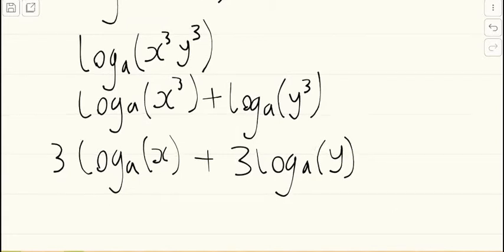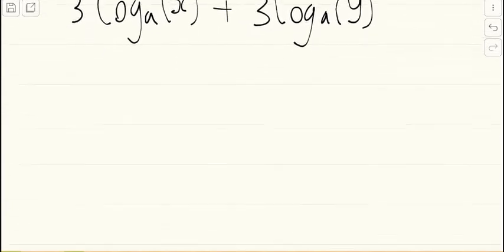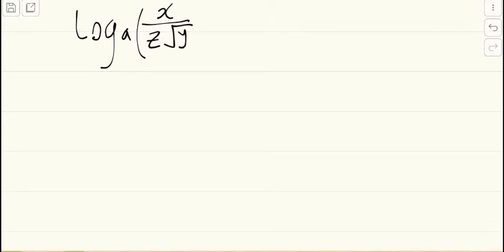Okay, 2 more examples. Let's take this one. This one says log to the base a of x over z root y.